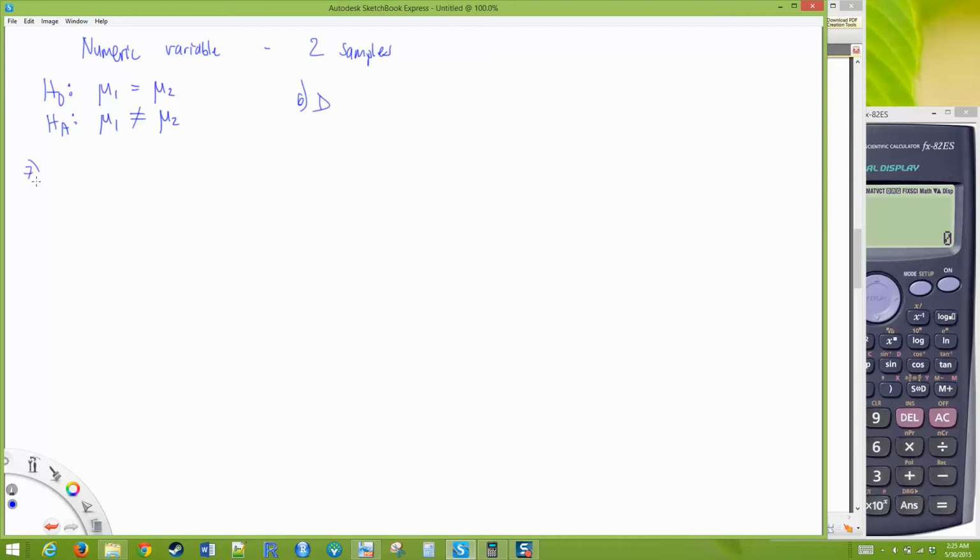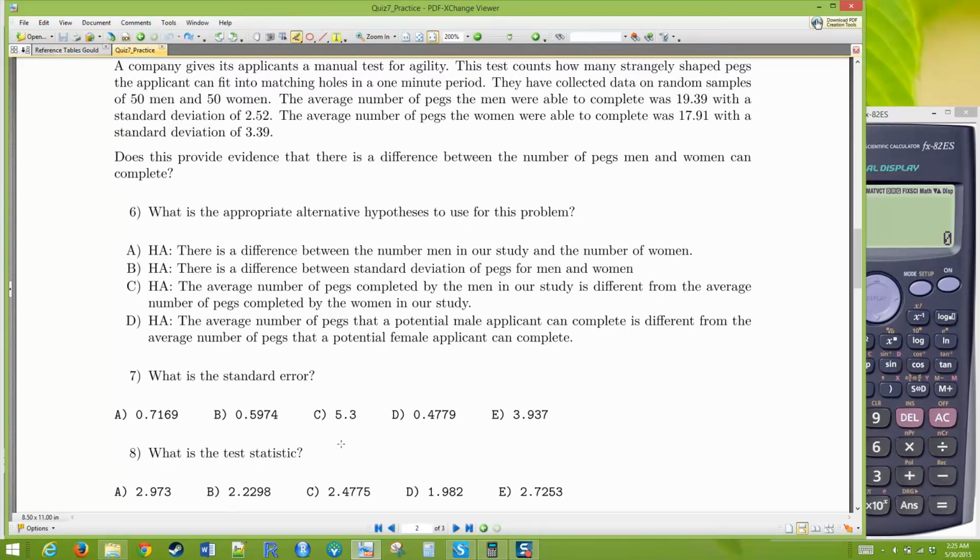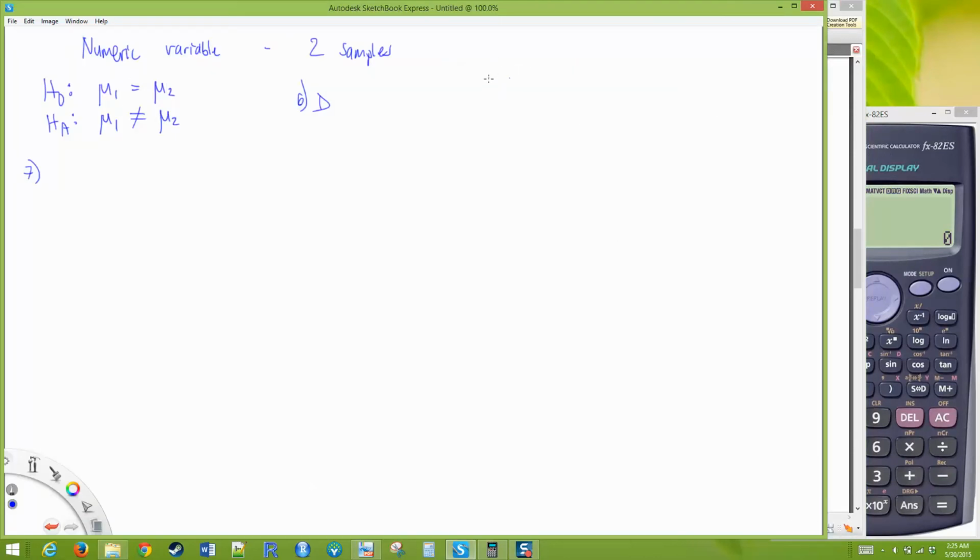Let's take a look at number 7 and 8, which ask for our standard error and test statistics. So just a quick formula review. For two sample numeric variables, our standard error is going to be S1 squared over N1 plus S2 squared over N2.